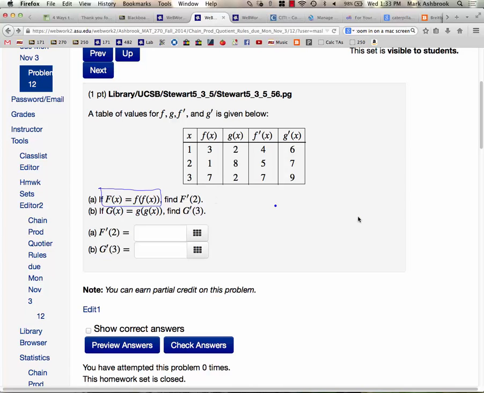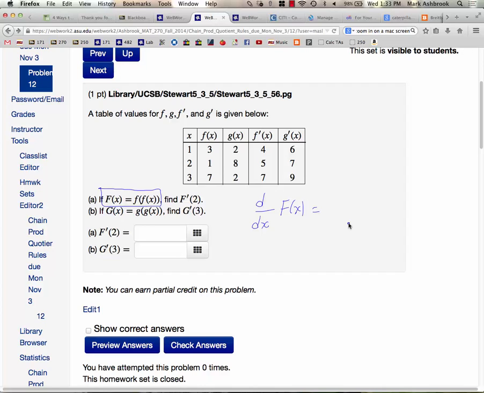So what we need is this. What if capital F is little f of f of x? Then what rule will apply to find the rate of change of capital F? Chain rule.